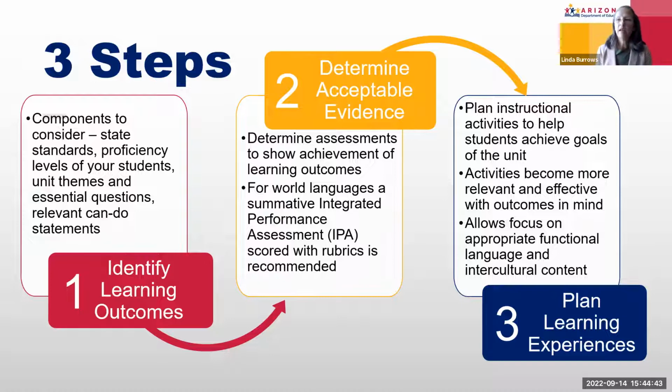This is where we look at our state standards for Arizona: what do we require of language learning from the state? What are the proficiency levels of our students, and where are they now? What unit themes and essential questions do you want to think of, and then come up with relevant can-do statements to meet those components.